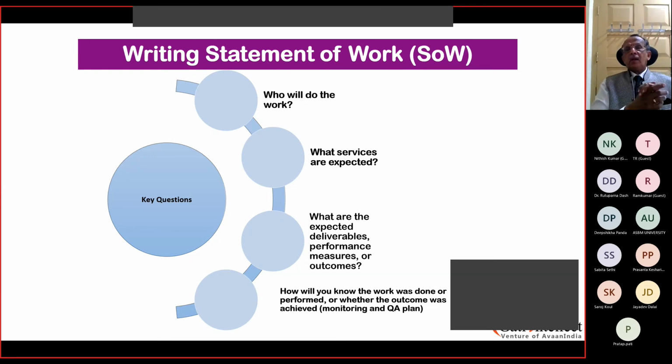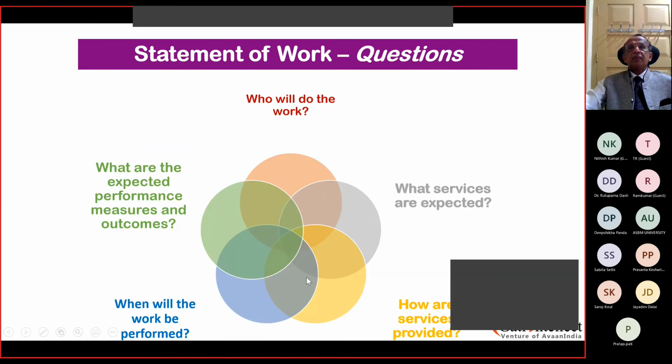Who will do the work? What services are expected? What are the expected deliverables, performance measures, or outcomes? Okay, let's move to the next one. Then you can understand a little better. See, these are the questions for a statement of work. Who will do the work? What services are expected?